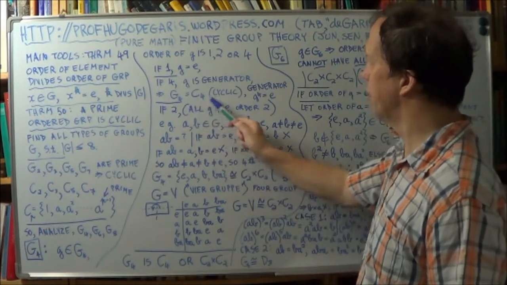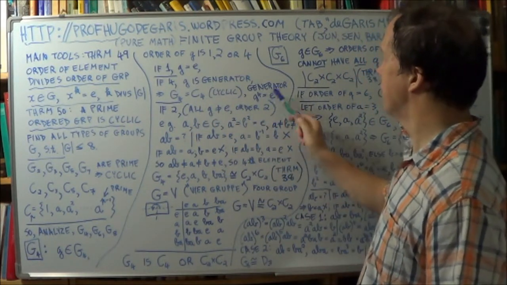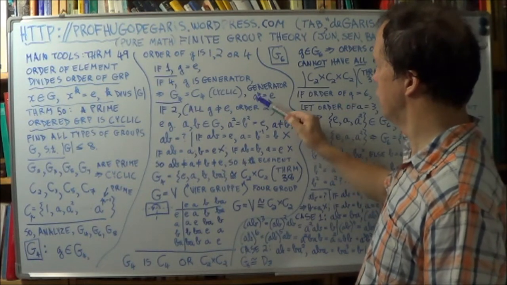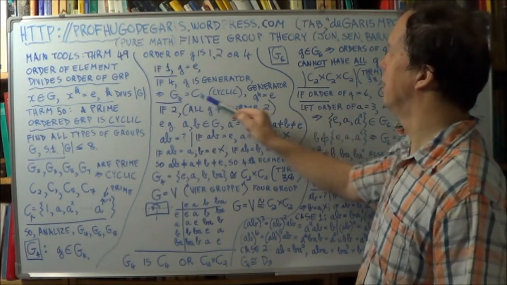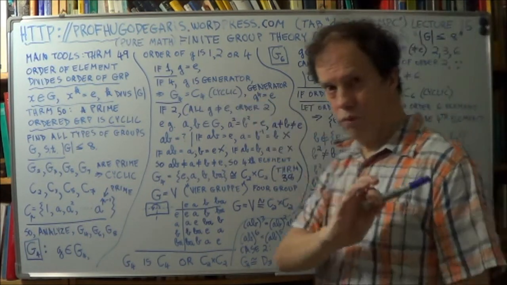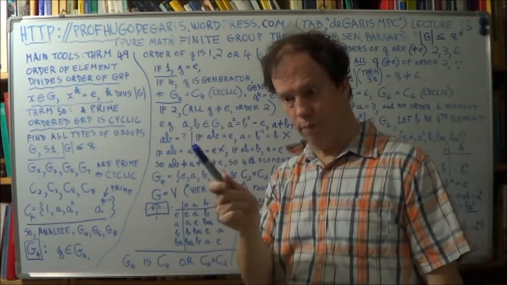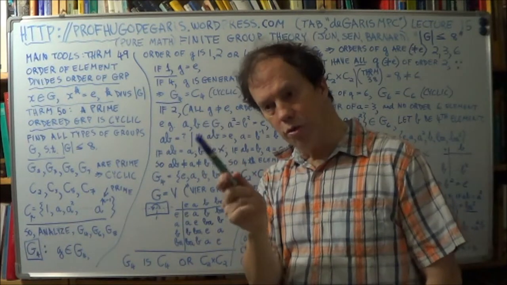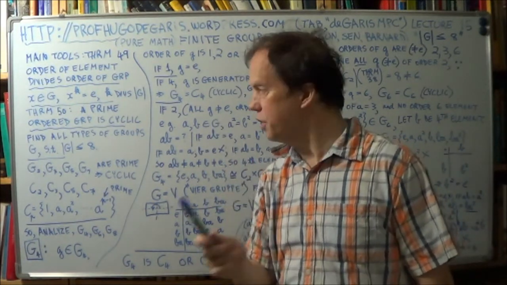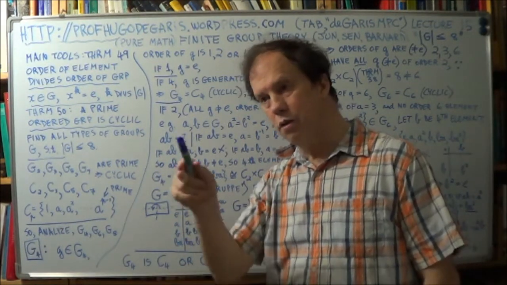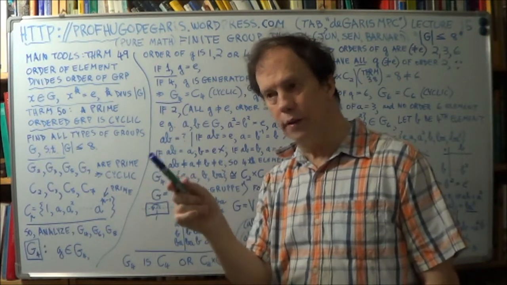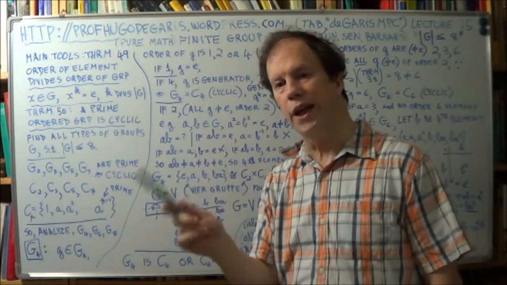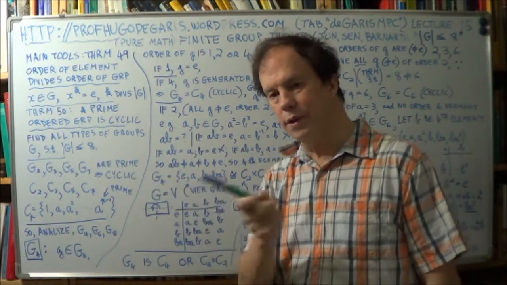So that's one possibility. Right? So your generator is little g, and g to the 4th is E. So that's one group type of order 4, right? Just the cyclic group. And in general, that's true of any integer. You choose an integer n, there will always be a group of order n, and that's the cyclic group.